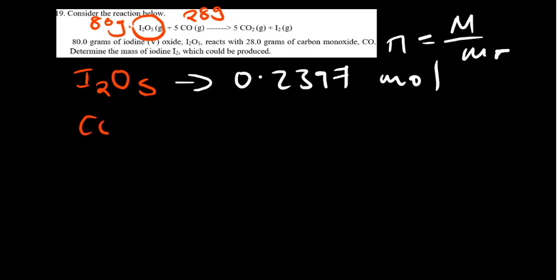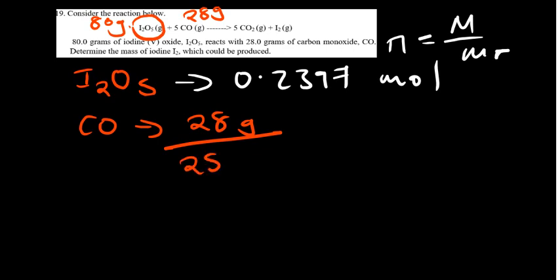What's the mass? The mass has been given to be 28 grams. What's the molar mass? We just add 12.01 to 15.994. What I'm getting is 28.0094 grams per mole.